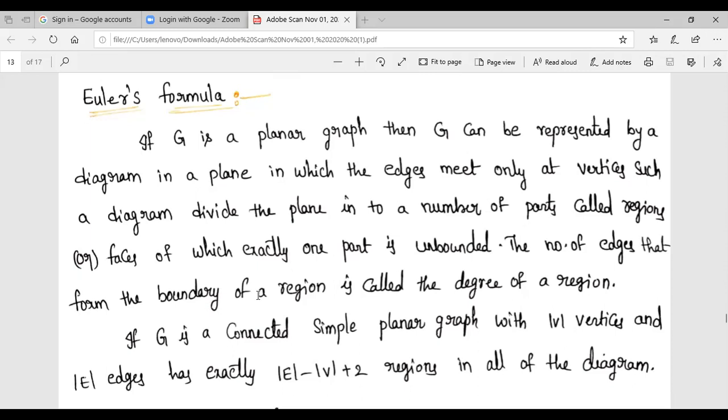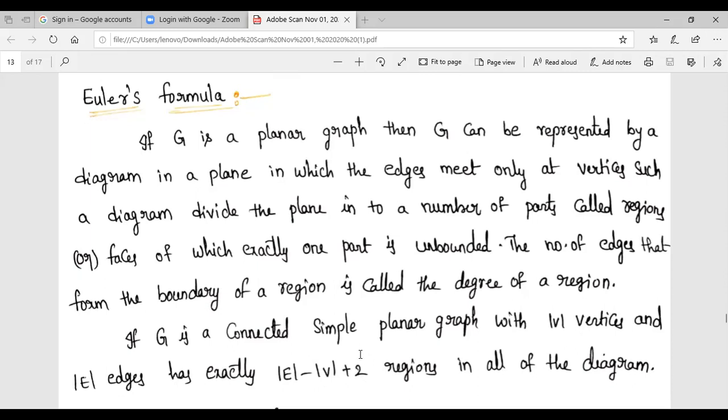Okay. So if G is a connected simple planar graph with V vertices and E edges, it has exactly number of edges minus number of vertices plus 2 regions. It gives the number of regions in a given diagram.